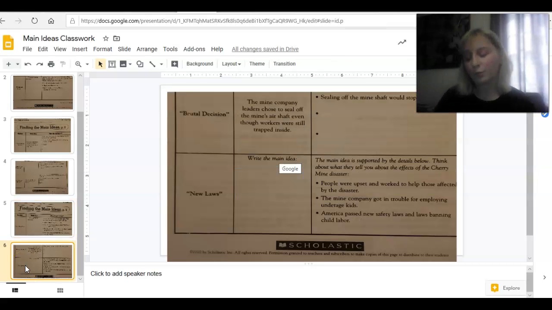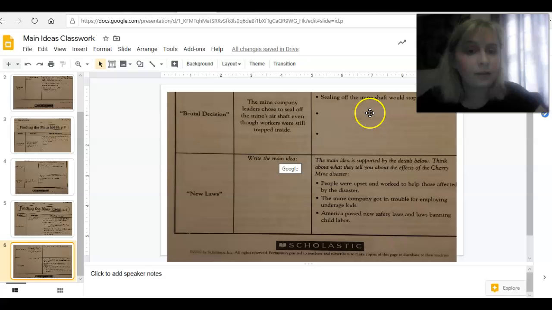The next one comes from Brutal Decision, and that's at the bottom of page 8. They give us the main idea, and we need to come up with 2 more supporting details that support it. So the main idea is the mine company leaders chose to seal off the mine air shaft even though workers were still trapped inside.